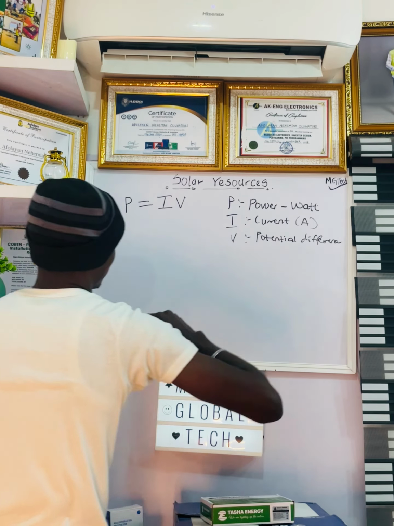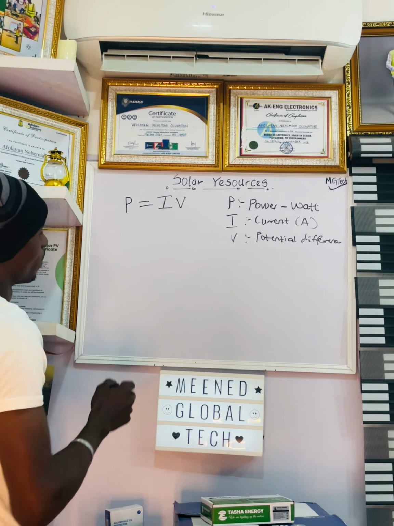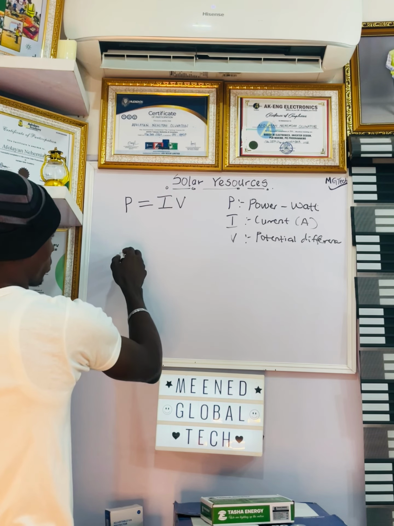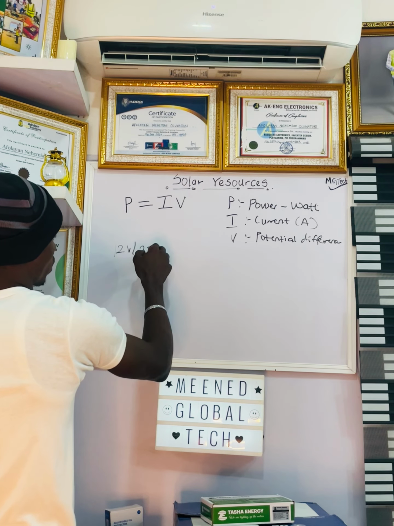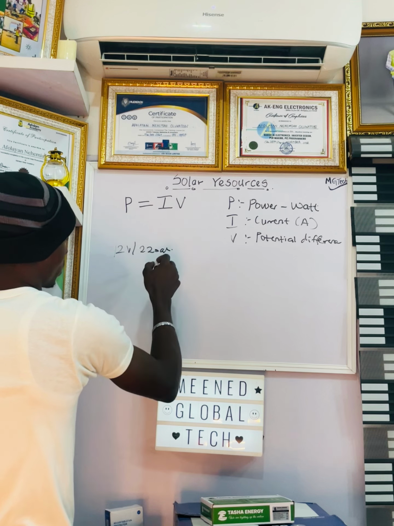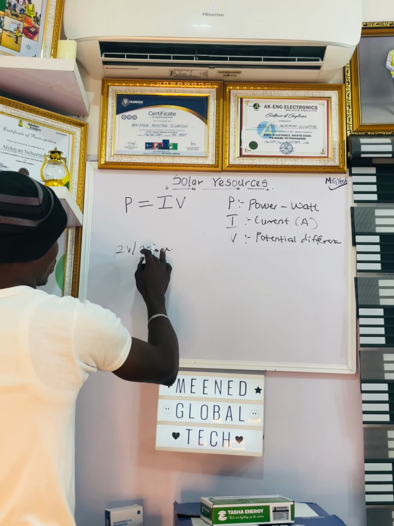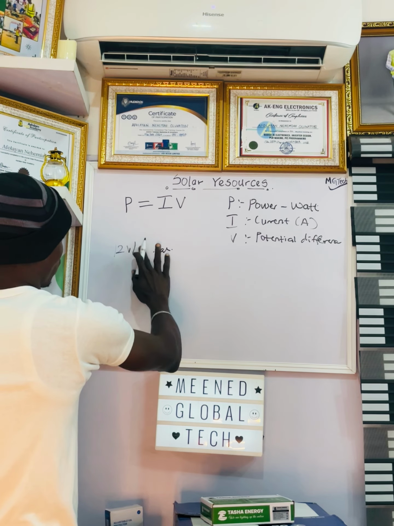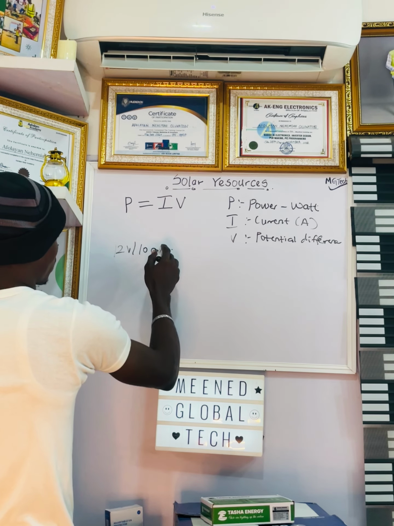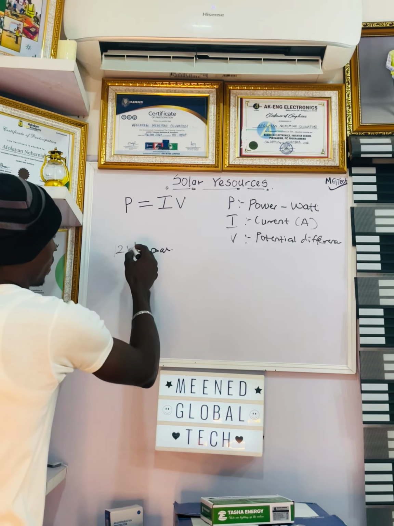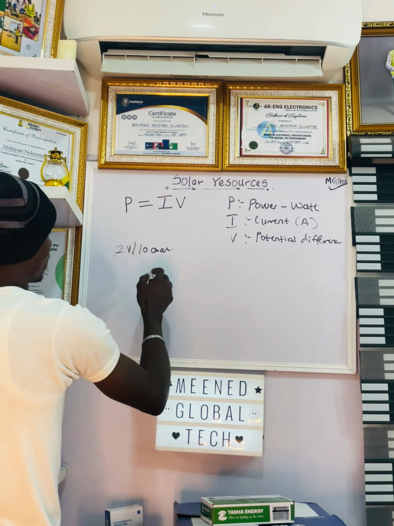Okay, so we have a battery. Let's use an example of a 12 volts 220 Ah battery, or let's say 12 volts 100 Ah to be on the lesser side.